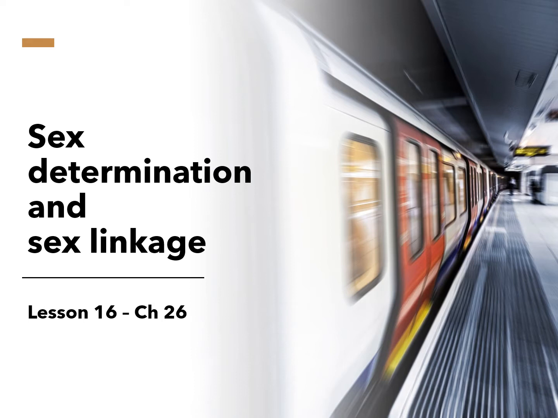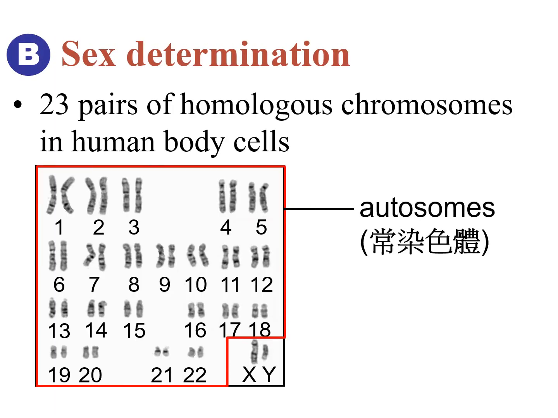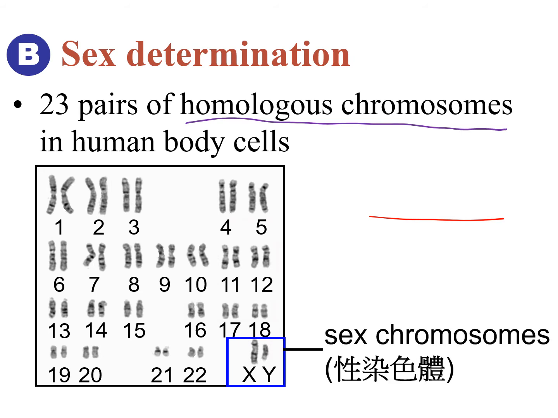Let's start. For humans, you have 23 pairs of homologous chromosomes in our body cells. There are 22 pairs of them being the autosomes, while the very last pair would be the sex chromosomes.